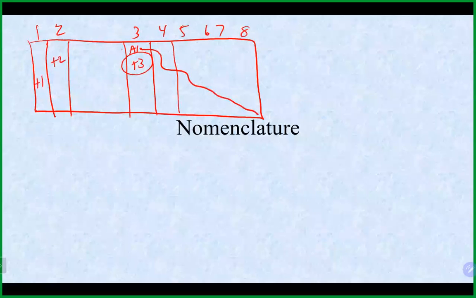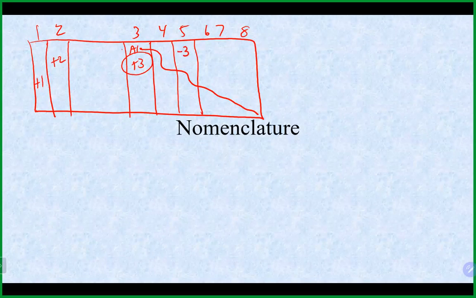And in group 5, our nonmetals like nitrogen is going to be -3. Group 6, like oxygen and sulfur, will be -2. Group 7, they will be -1. So really with the negatives, we're talking about our nonmetals, which are going to gain electrons. And obviously the positives will be our metals that have lost electrons.